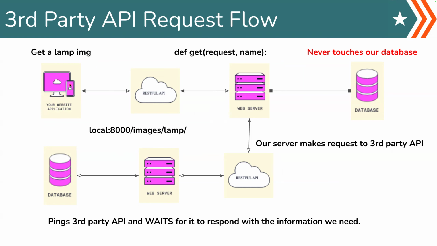Maybe it's on a desktop, maybe we're looking at a website on our phone, and we talk to our Django web server. If we want to get data from the Noun API, we don't need to go to our database. We can go to their web server, and talk to their API that talks to their database, and then the information comes back, and then we send it back to our client, and this gives us a lot of control.